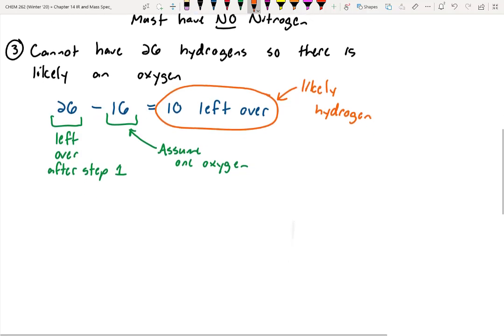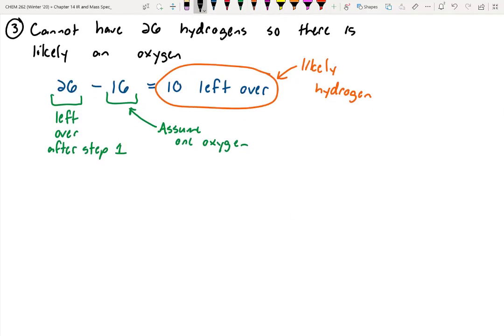All right, so let's do our best to figure out the molecular formula. We know it must be C5H10O, right? That seems to make sense given all of the data that we have in our mass spec.